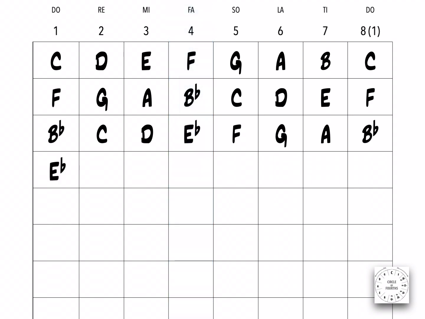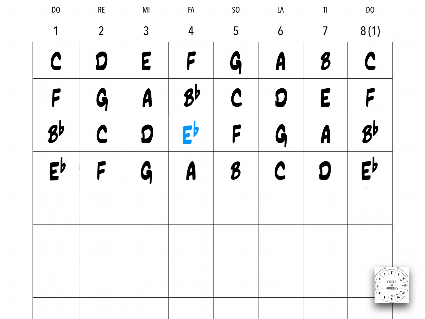Moving on through our circle, the next one is E flat, so we again start with an E flat, and then write the musical alphabet letters until we get to E, which will make E flat again. Then we look in the scale above the one we just did and find all of the flat notes.